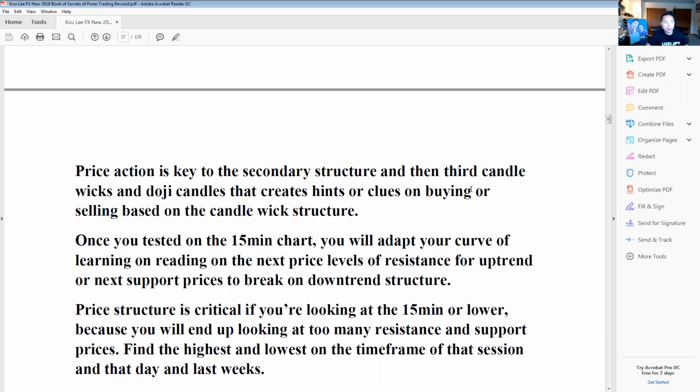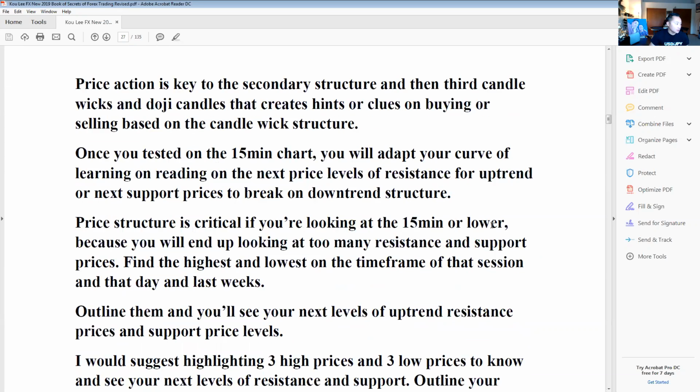Then you hop into the higher time frame, which I recommend would be the 1 hour, or the 4 hour if you want to look at a longer time. Just go from the 15-minute to the 1 hour, and you'll get to see where things are going. That way you get to see a longer price structure and a longer trend view of where things are going to go in the uptrend or the downtrend. So very important.